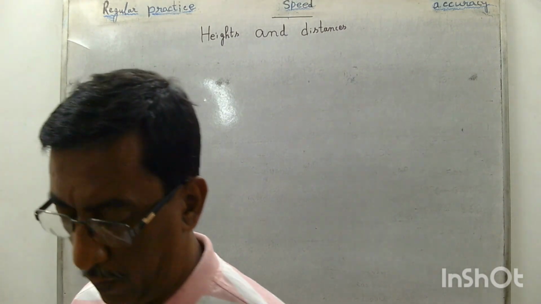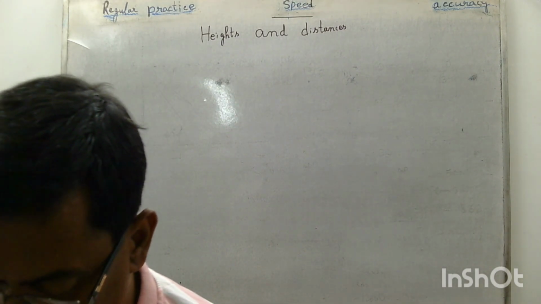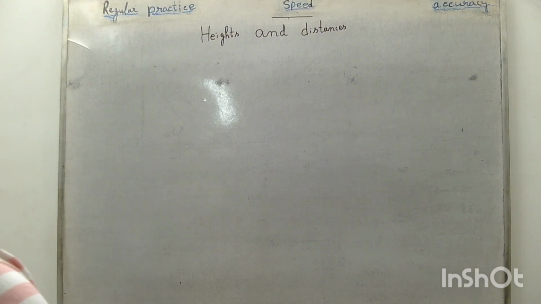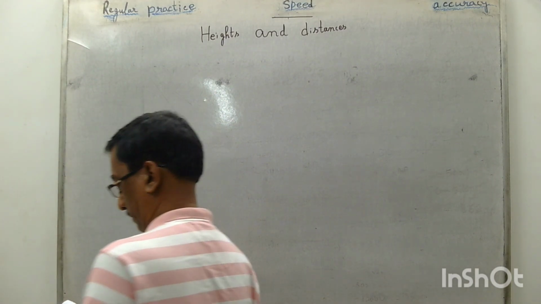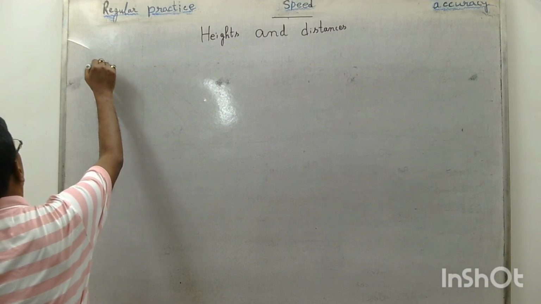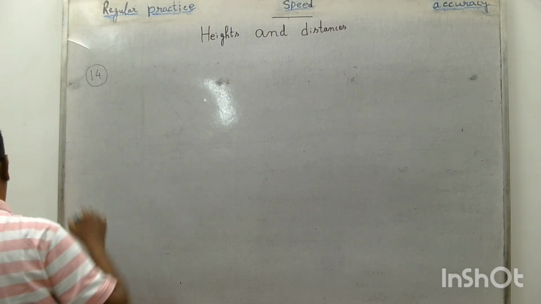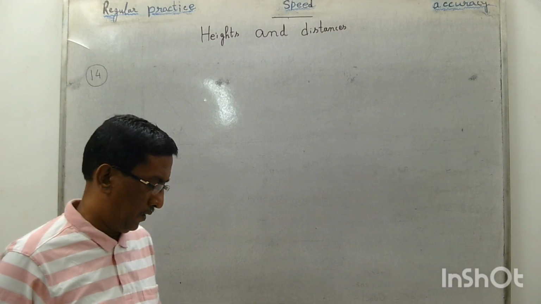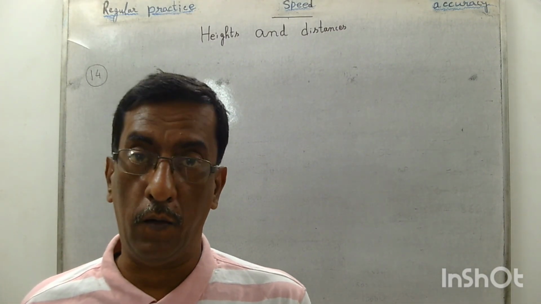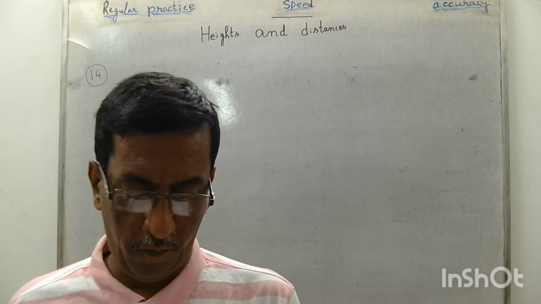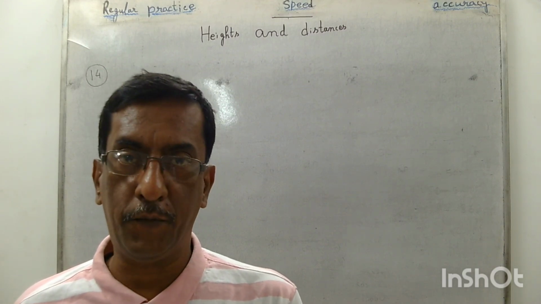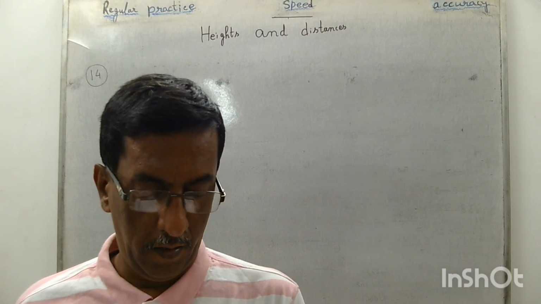I will go to problem number 14. The angle of elevation of a tower from a point on the same level as the foot of the tower is 30 degree.